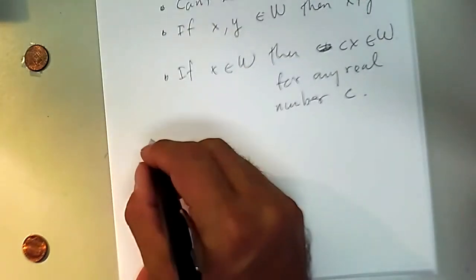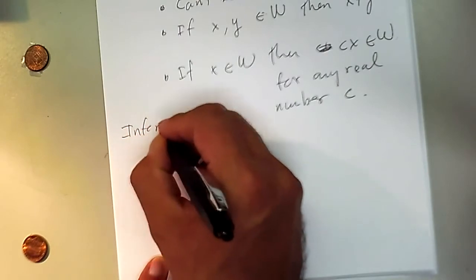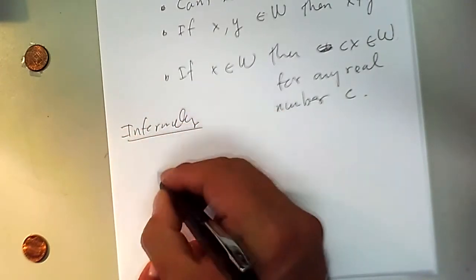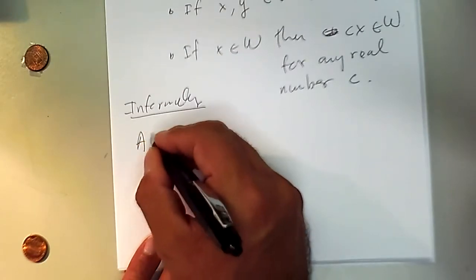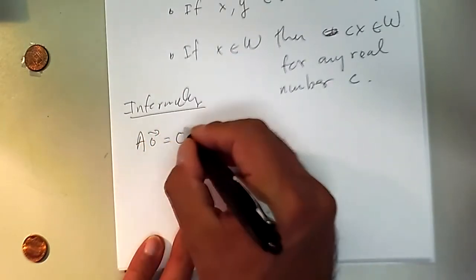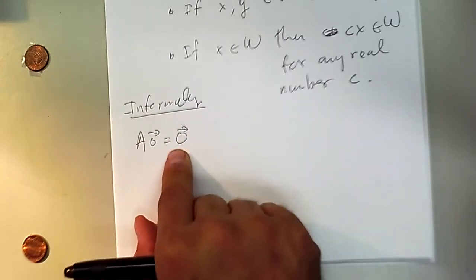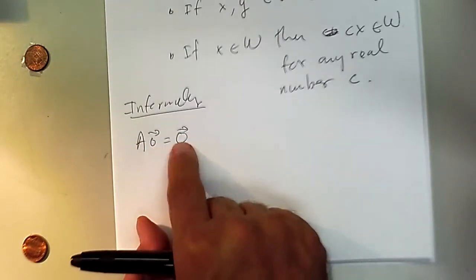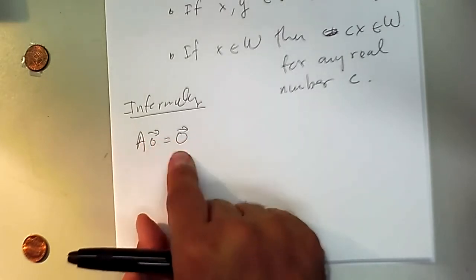So a very, very informal proof. First of all, A times the zero vector equals 0. And by that, I mean another zero vector. Those two zeros don't have to be of the same dimension. This could be three-dimensional, this could be two-dimensional, whatever. But multiplying by 0 gives us 0 regardless.